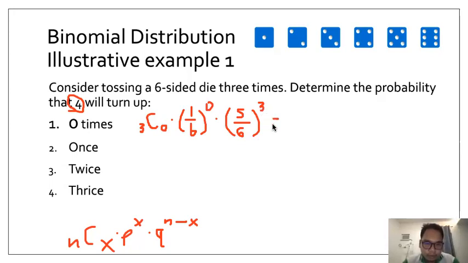If you're going to write your answers in your calculator, you can try to answer this using your calculator. I don't have one right now, but the answer is actually 125 over 216.